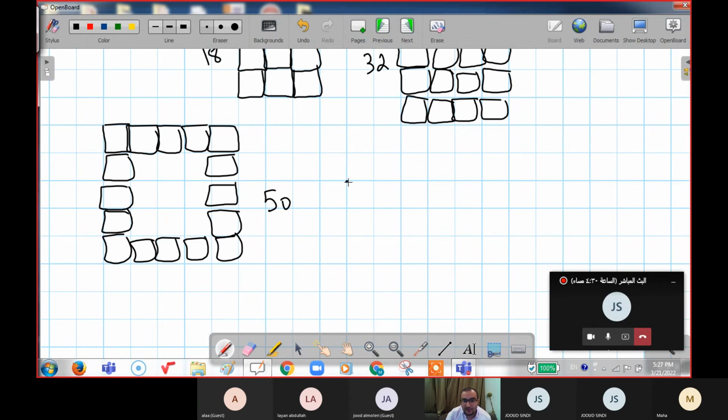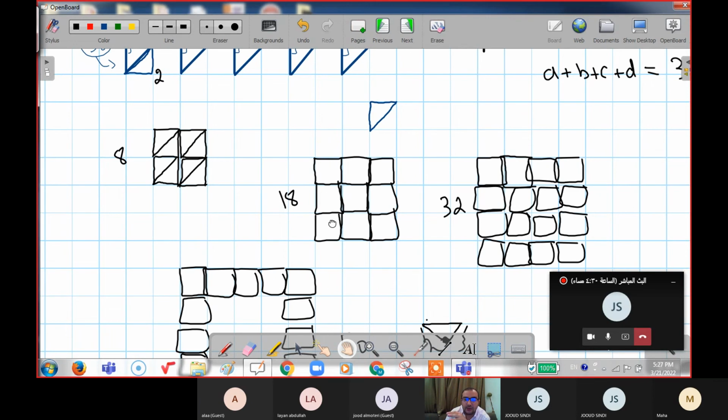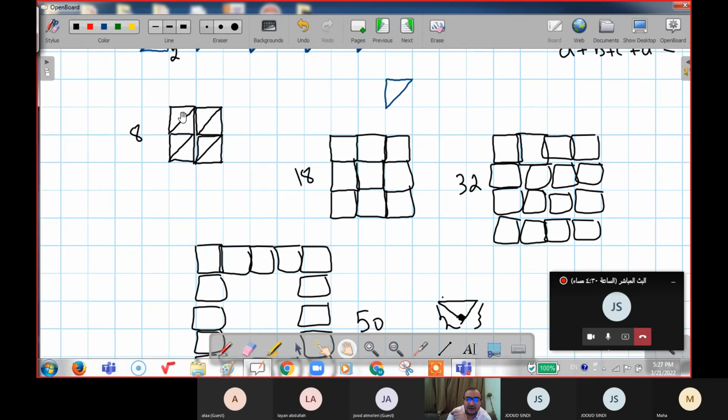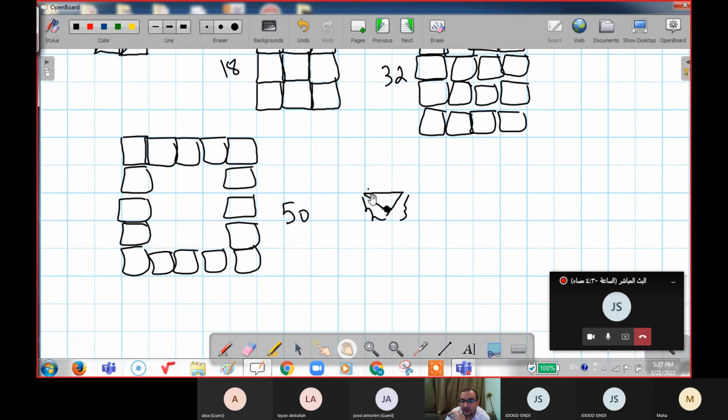Maybe I will do this one like this. This is a right isosceles triangle. Yes, you can make a square using what? Not these two sides here, because for all the 5 squares, I use only the side. I didn't use what?